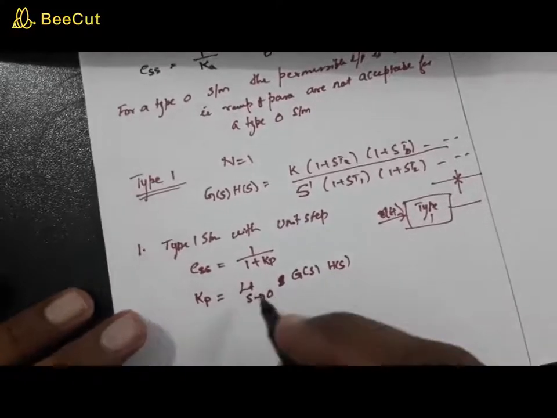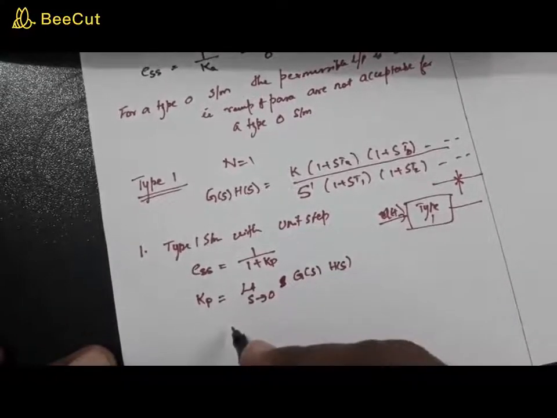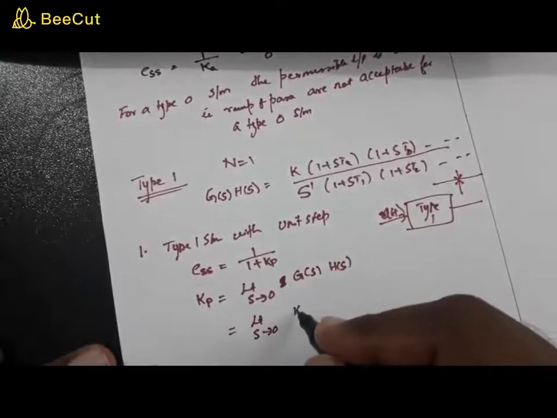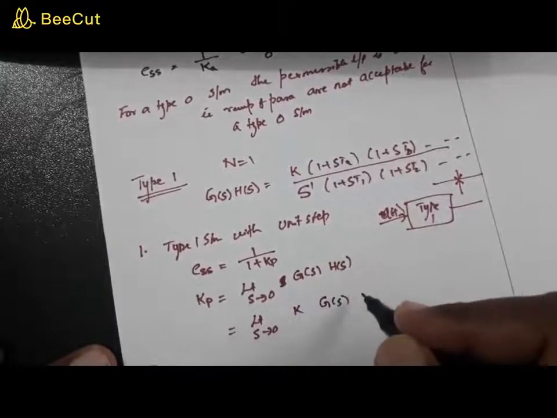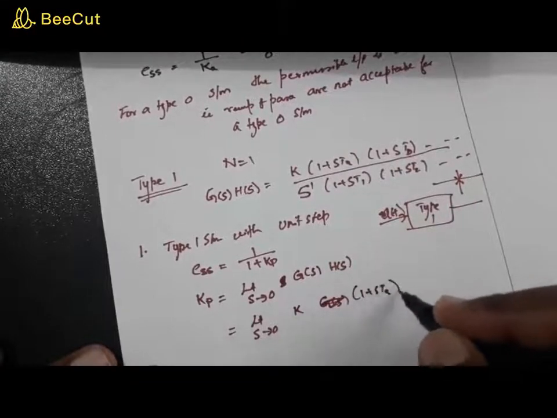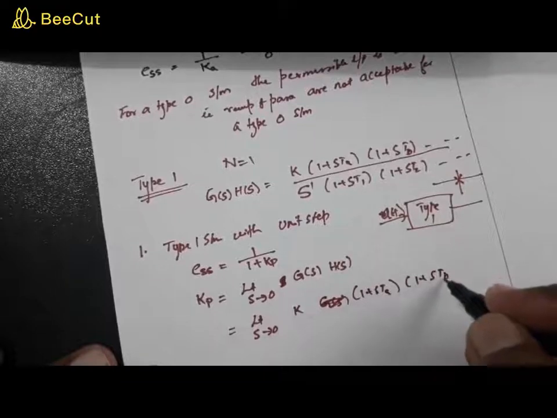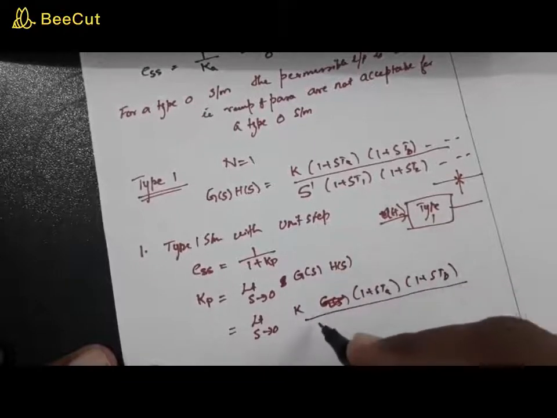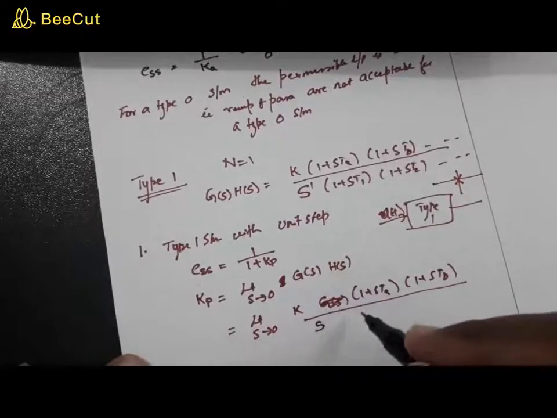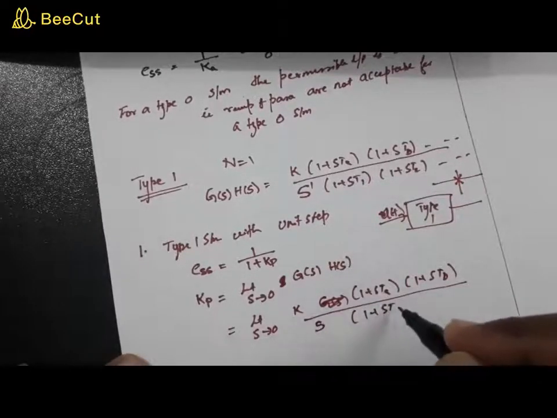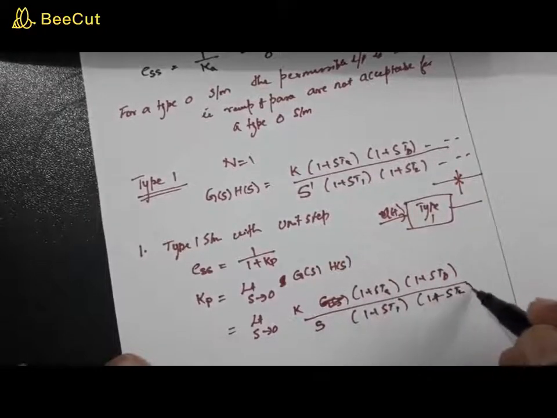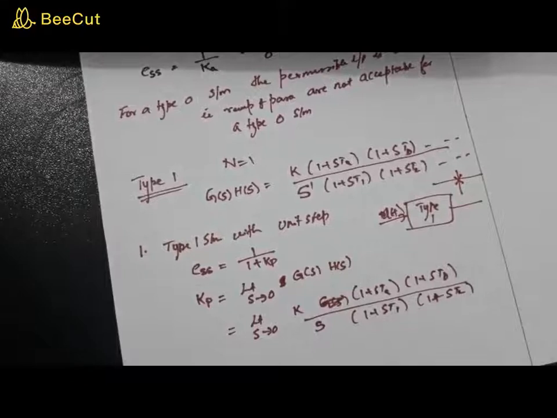So this is it, limit s tends to 0. Now when you apply this limit, K into (1 plus sTa) into (1 plus sTb), divided by s raised to 1 into (1 plus sT1) into (1 plus sT2). So this is a type 1 system.